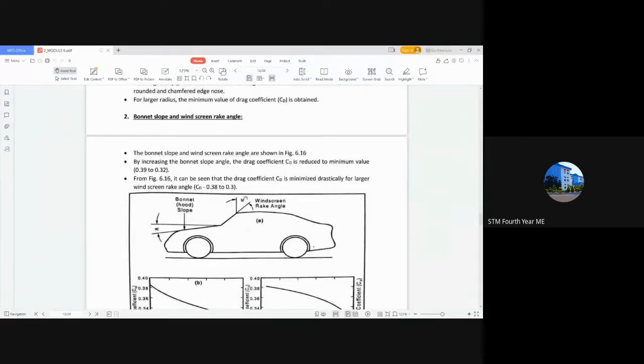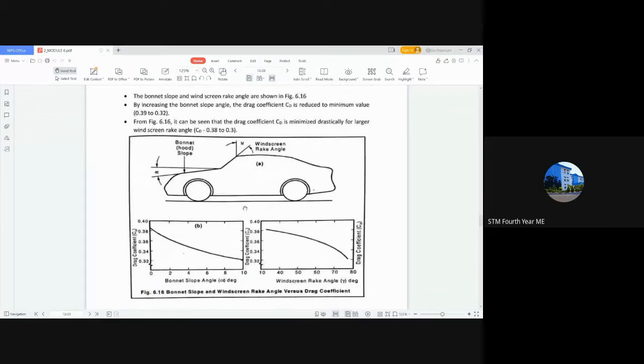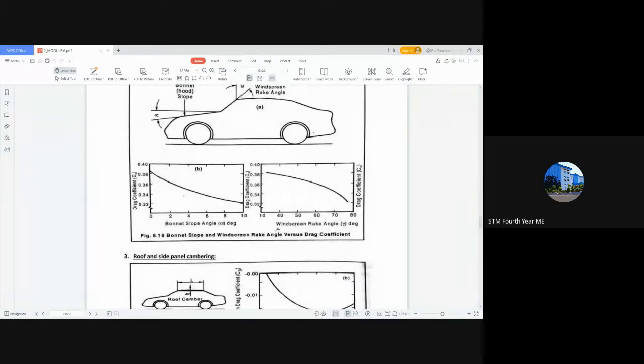The angle between this windscreen axis and the vertical axis is known as the windscreen rake angle. Here also, when you plot the graph for CD and windscreen rake angle, you can see from 10 degrees to 80 degrees, the CD value decreases from 0.38 to approximately 0.32 at almost 80 degrees.